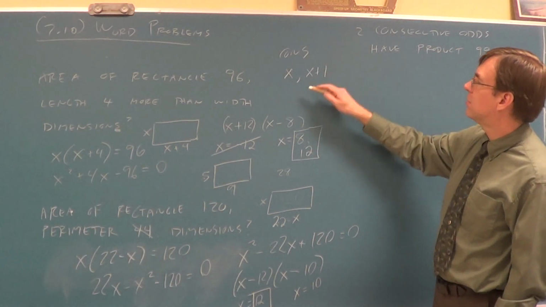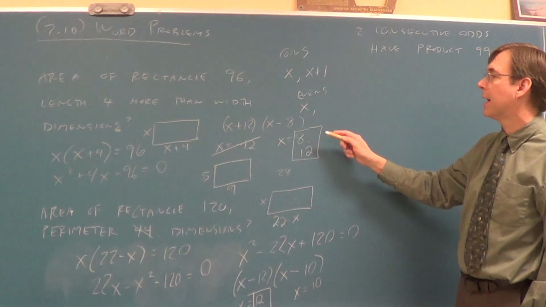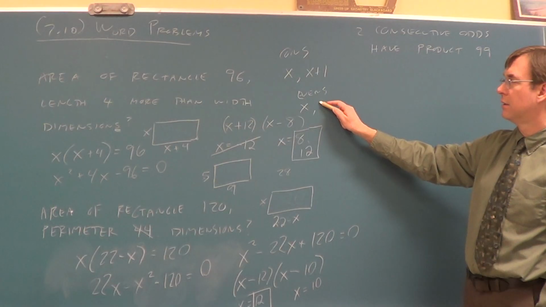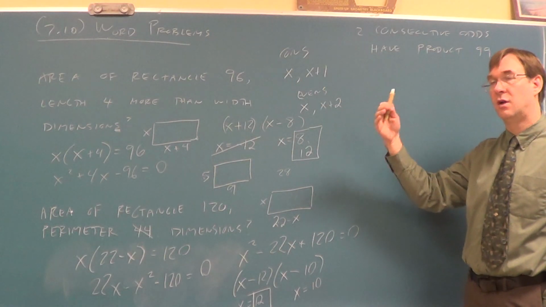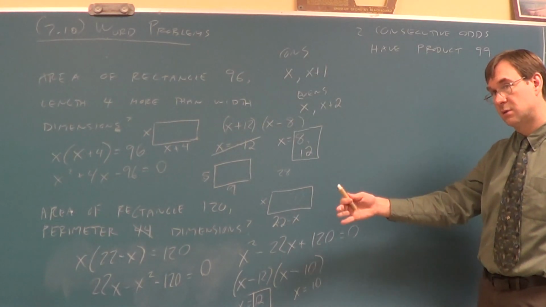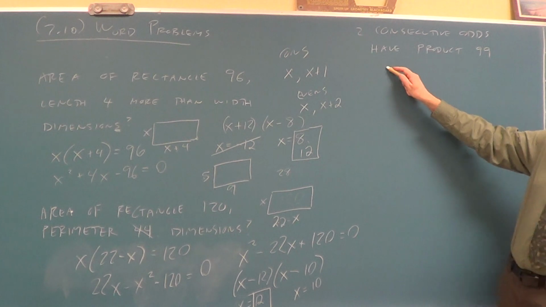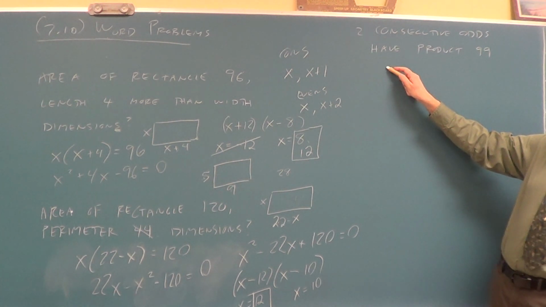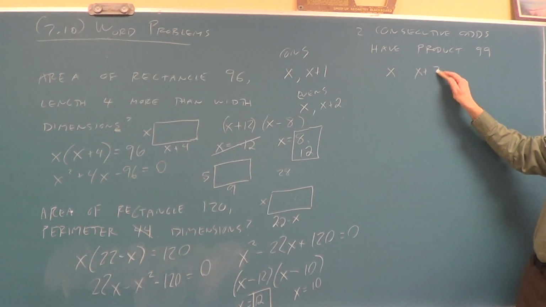If I do consecutive evens, the first one is x. Who's its friend? x plus 2. And then we go x plus 4, x plus 6, and so on. Consecutive odds. Memory of that. x for the first one, x plus 2 for the second one.